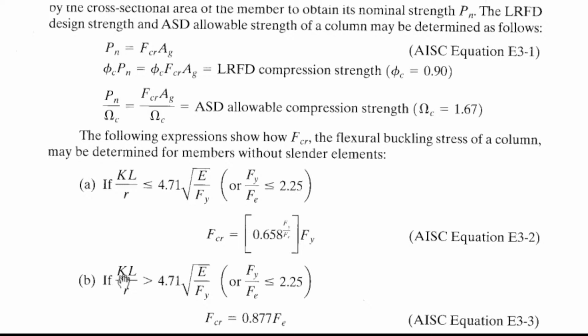So if KL over r is greater than 4.71 square root of E over Fy, it is going nearer and nearer to a slender element. This is not a slender column, but it is going nearer to the boundary for slender column because this ratio is greater than 4.71.